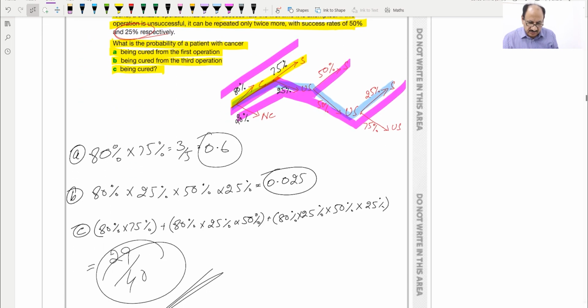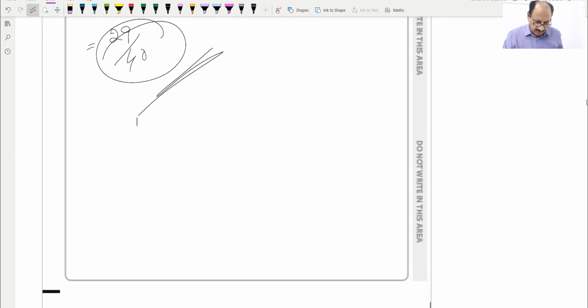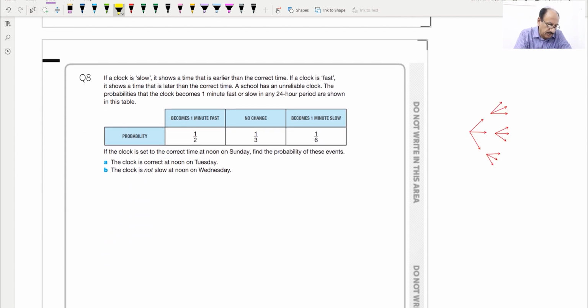You see that this is a little tricky, but we are done with this question. Now we can move to question number 8. If a clock is slow, it shows a time that is earlier than the correct time. If a clock is fast, it shows a time that is later than the correct time. A school has an unreliable clock.